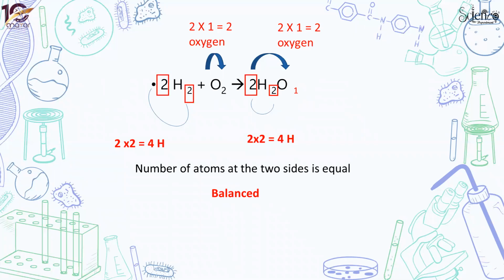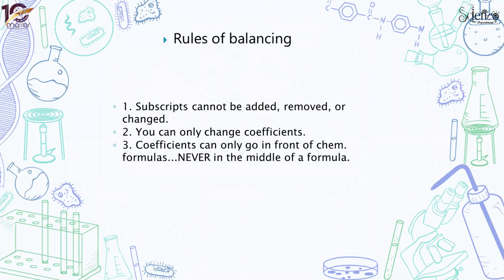Because by changing subscripts, you're actually changing the whole molecule. Because H2O is not the same as HO or H2O2. H2O is water, while H2O2 is hydrogen peroxide, totally different compounds. So, in balancing, subscripts cannot be added, removed, or changed.